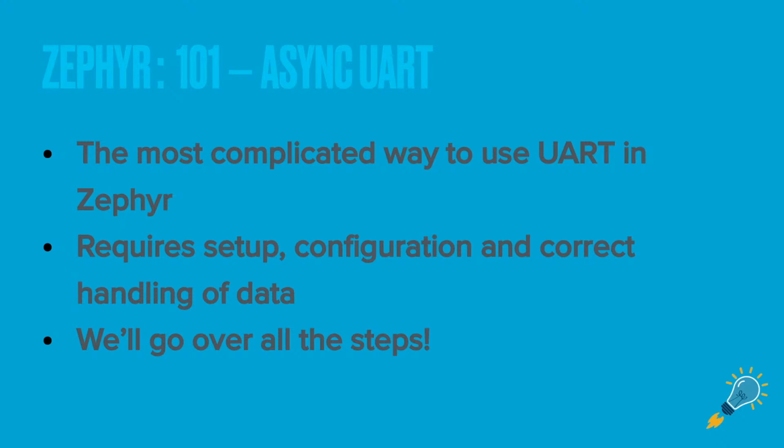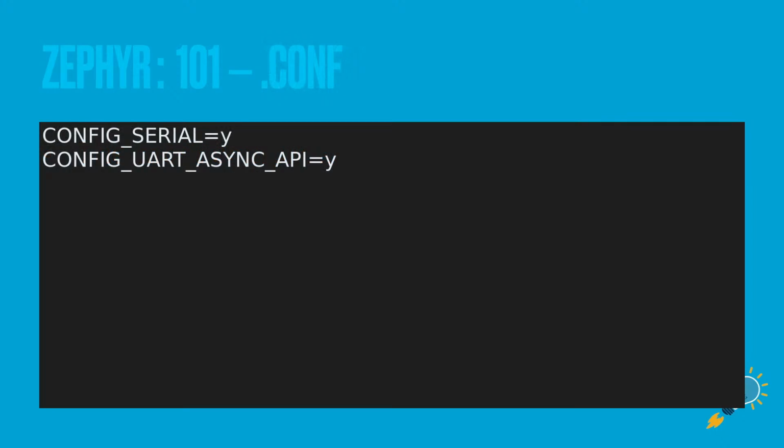Without understanding exactly how everything works, you'll be spending some time getting to know all the intricacies, because it will drive you crazy. So we will go through all the steps as much as possible. I have a driver example that I'll be going over, and also one that's included in NCS as one of their samples using the Async UART API as well.